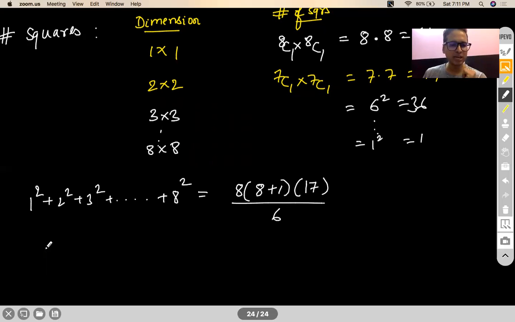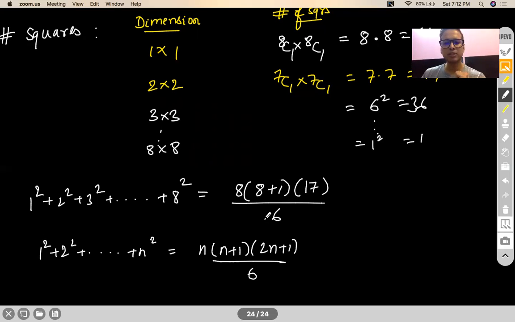I don't know whether you are aware of this formula, but I keep on using this, and this is the formula that anyways we are going to do later on. So this will become 8 into 9 into 17 by 6, which is 12 into 17, which is 204 squares. Okay. So on a chessboard, there are total 204 squares.